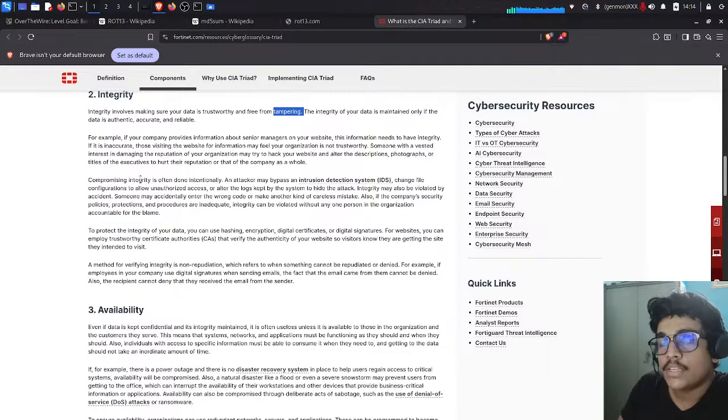Compromising integrity is often done intentionally, and the attacker may bypass an intrusion detection system. IDS systems are made to avoid man in the middle attacks, but there are many examples in which attackers have bypassed them and somehow accessed the private and public keys. Take the classic example of a WhatsApp conversation with end-to-end encryption.